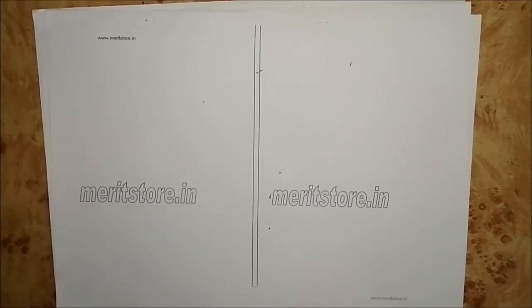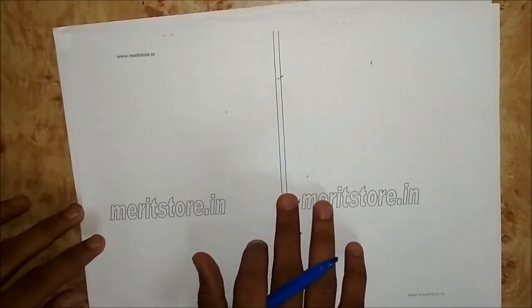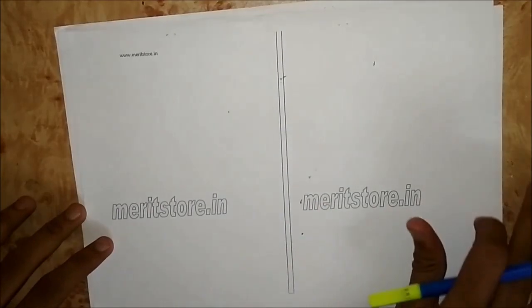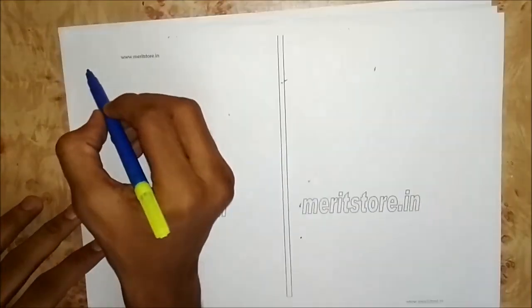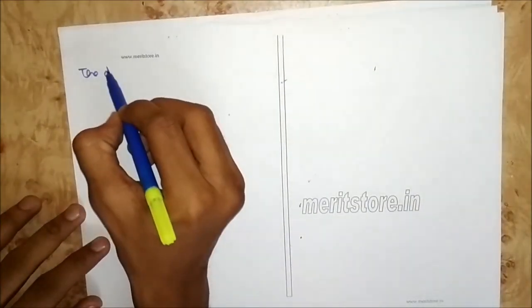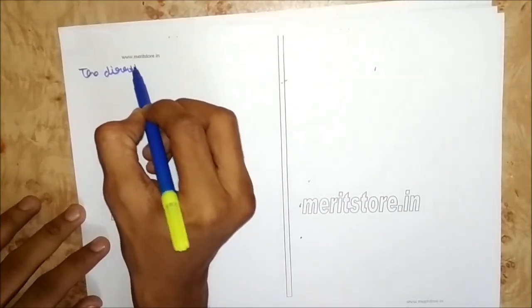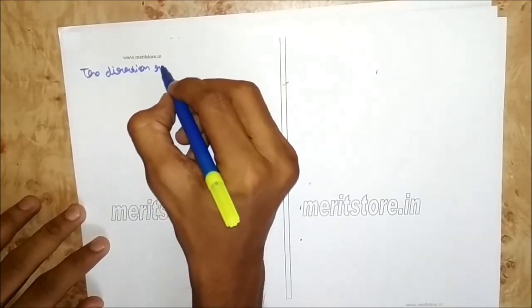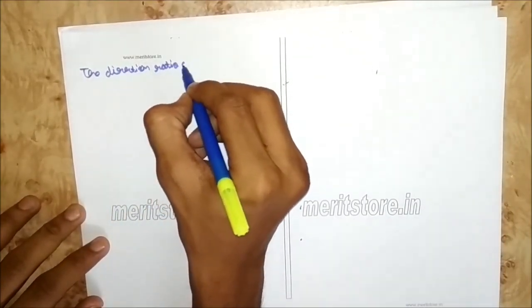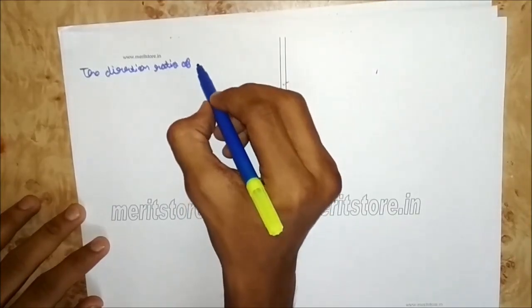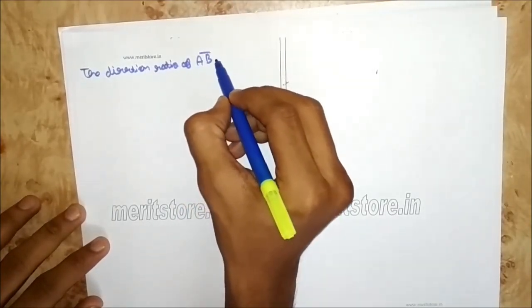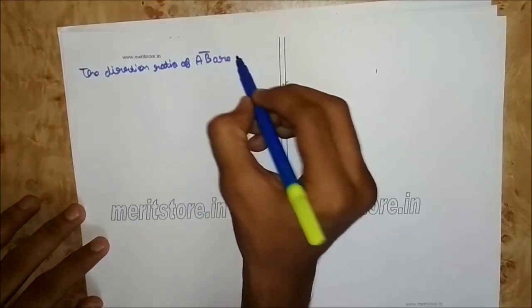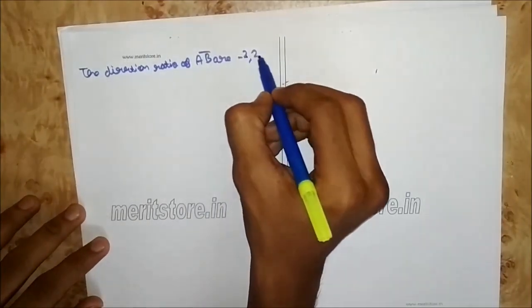Now let's take an example. The direction ratios of AB are -2, 2, 1.